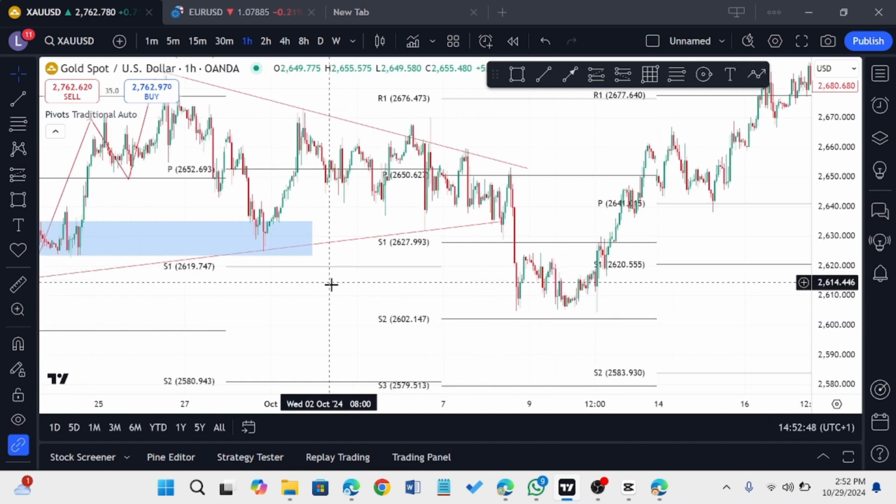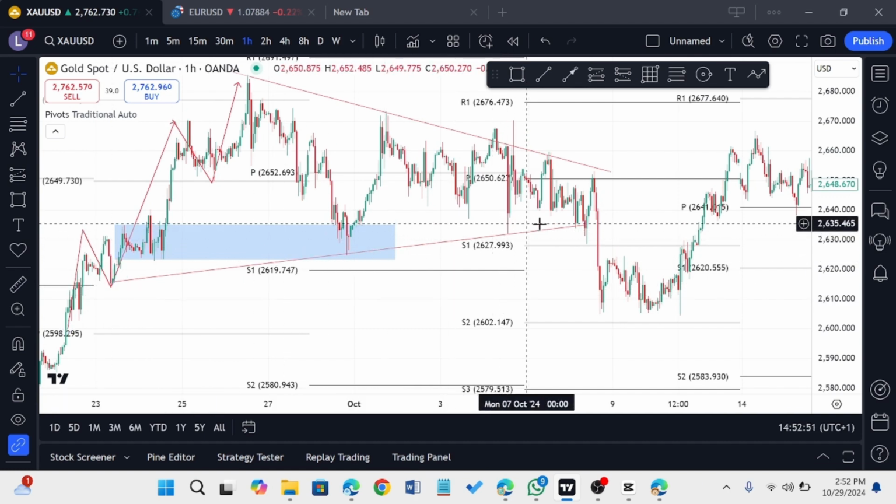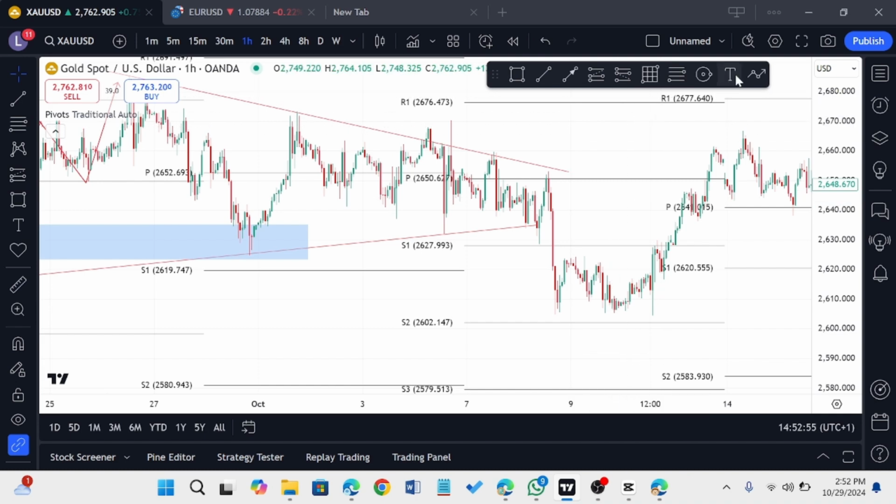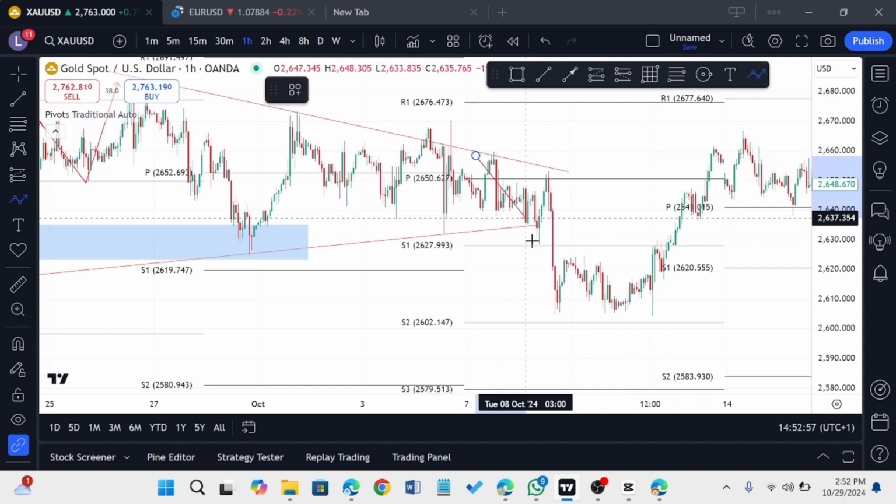But if you look at this trend line, there was a breakout of the trend line and a pullback. Price broke out of this trend line right here, but there was a pullback to the pivot level.